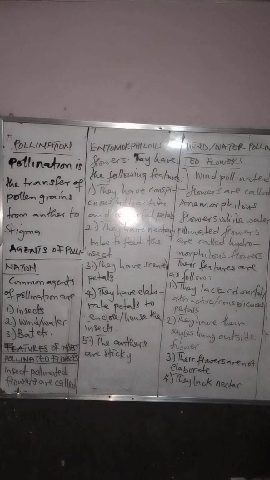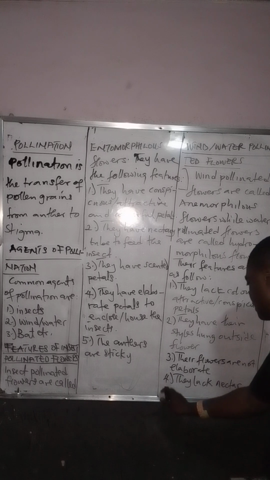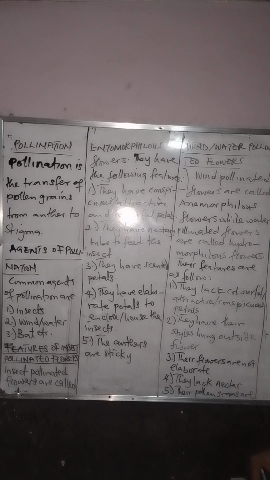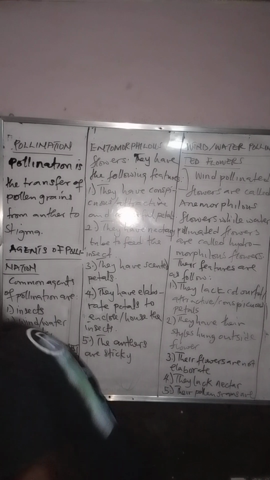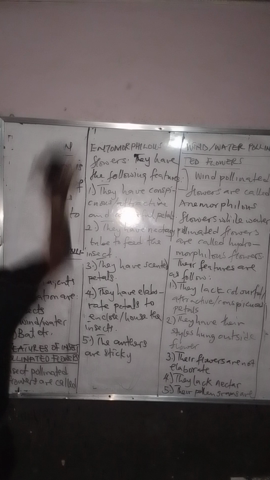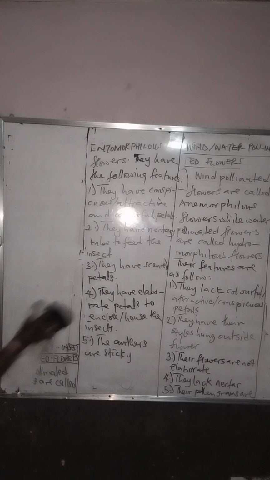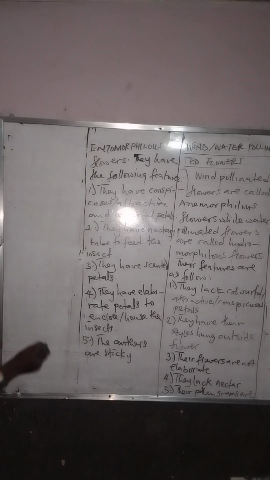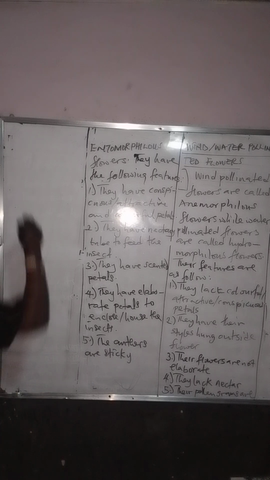They don't have it. So the next one is that their pollen grains are light. Very light, that they can be transported by the wind or by the water. They can float.